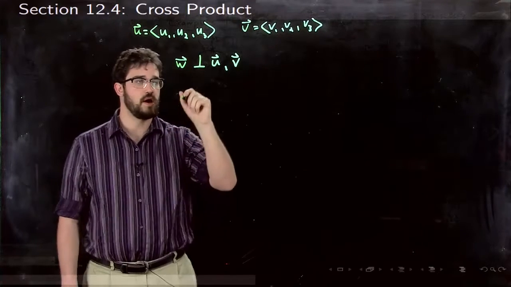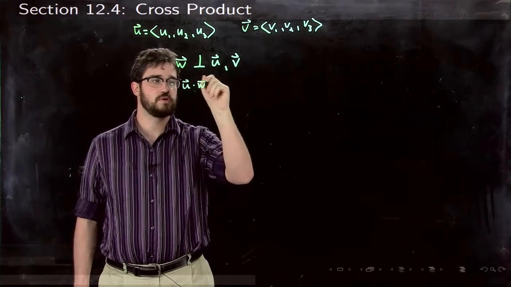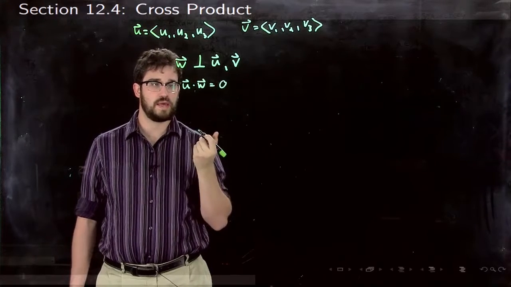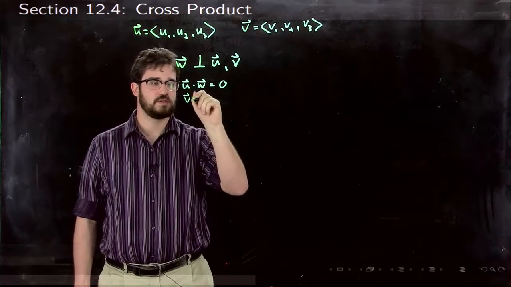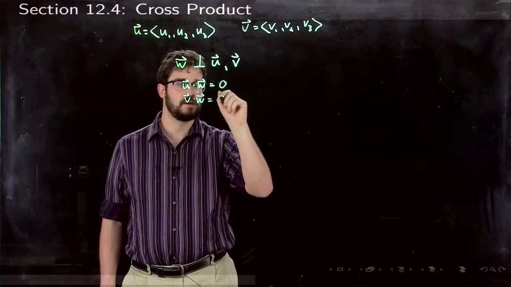Well, we would know that u dot w should be equal to 0, and v dot w should also be equal to 0.